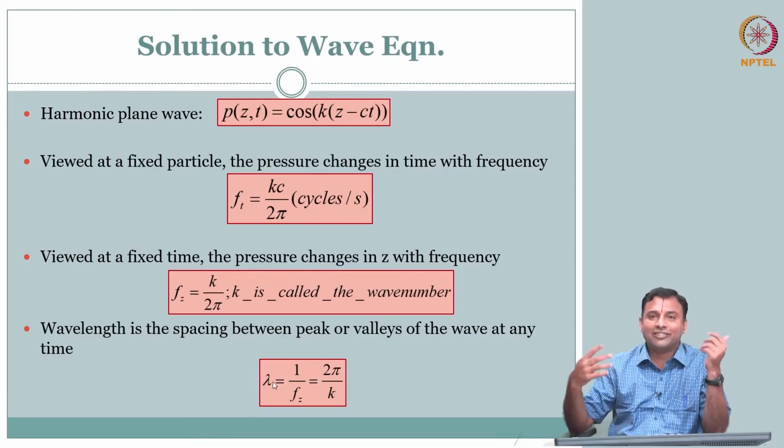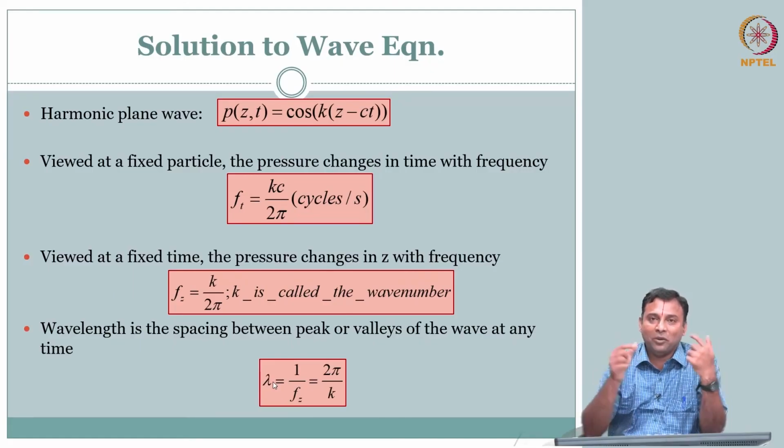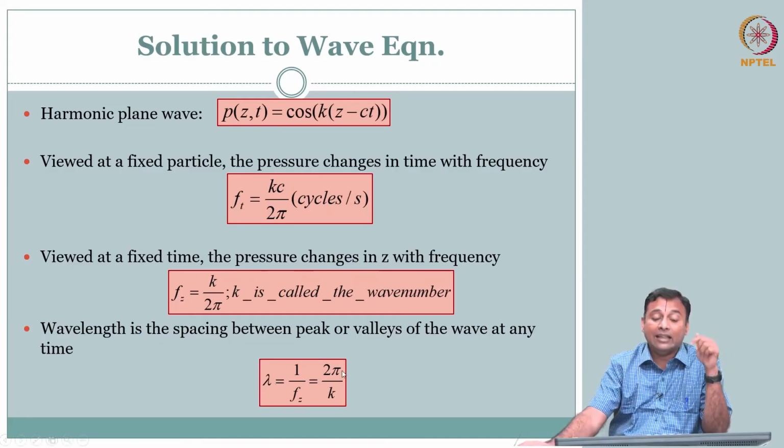So, number of wavelengths, if you call one wave one wavelength, that are there in 2 pi distance, that is your wave number. The number of cycles in 1 second is your frequency.